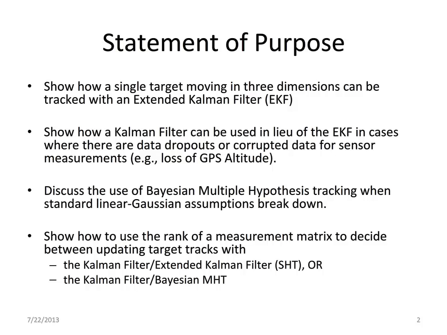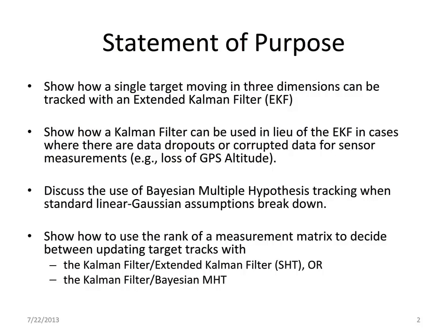An example would be the loss of GPS altitude. It could just as soon be any other GPS parameter that the constellation provides, but for purposes of this paper it is altitude. Another purpose discussion point is use of Bayesian multiple hypothesis tracking when linear Gaussian assumptions break down.